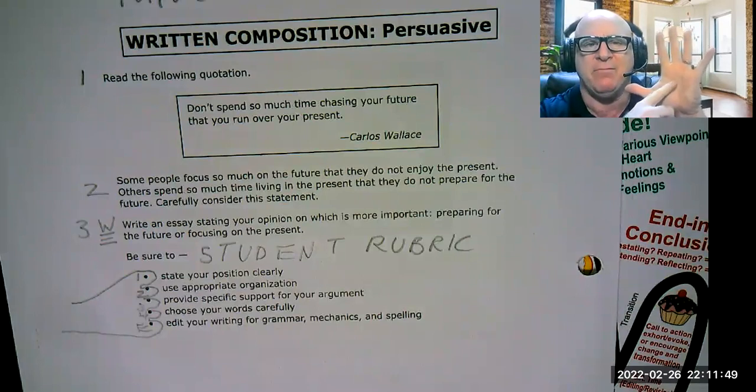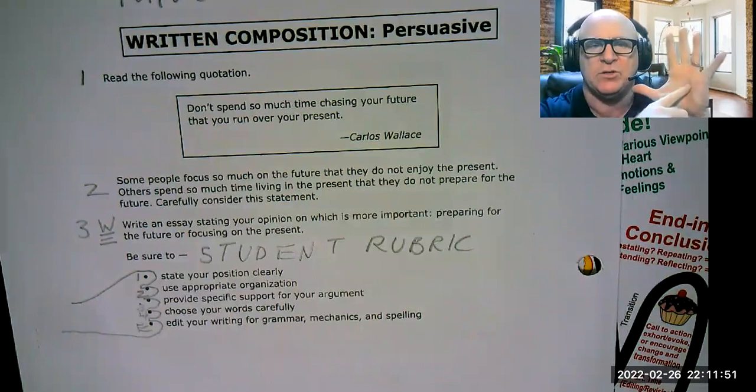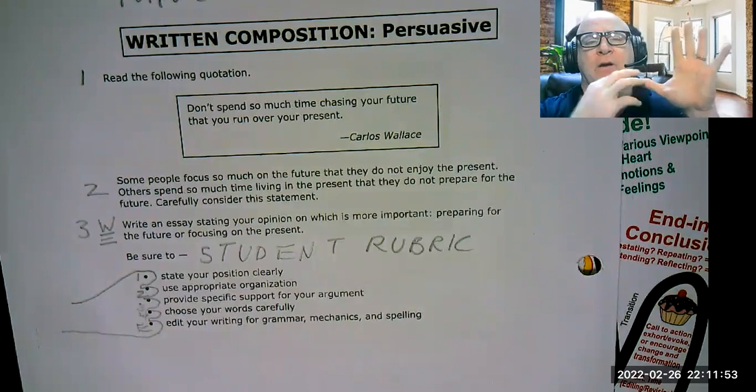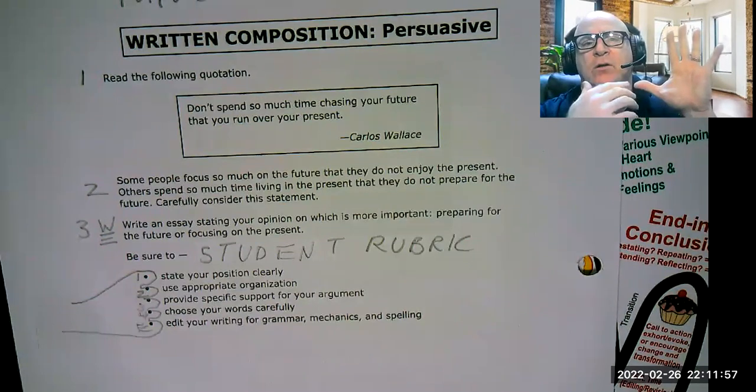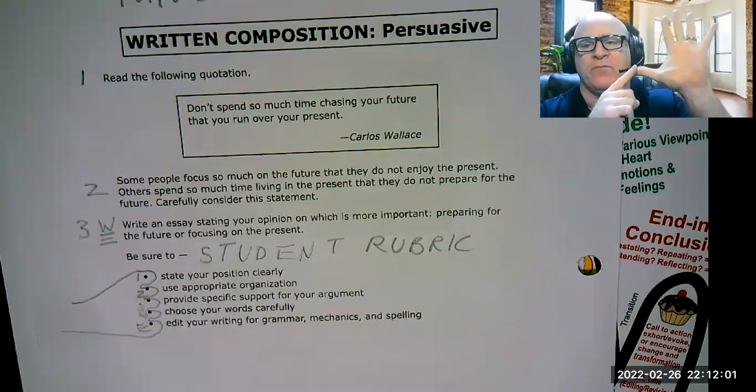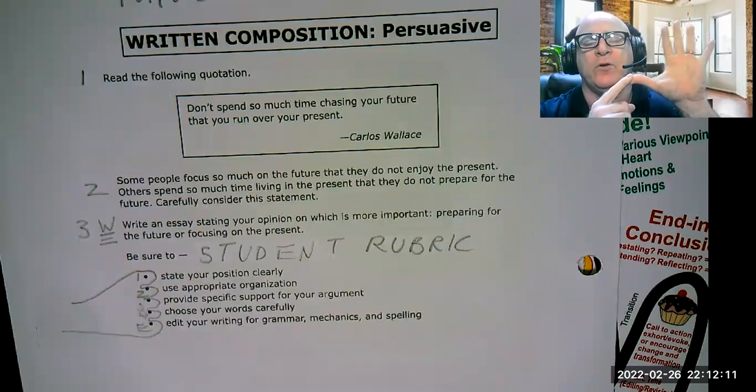That means that everything I write, including my position and my reasons, my examples, the way I explain, they have to be all related to each other. They all have to tie together. So if my introduction, where my position is, is the only part that ties into the topic, then you're not going to do very well. You'll be stuck in what's called 1 land, as you can see there.